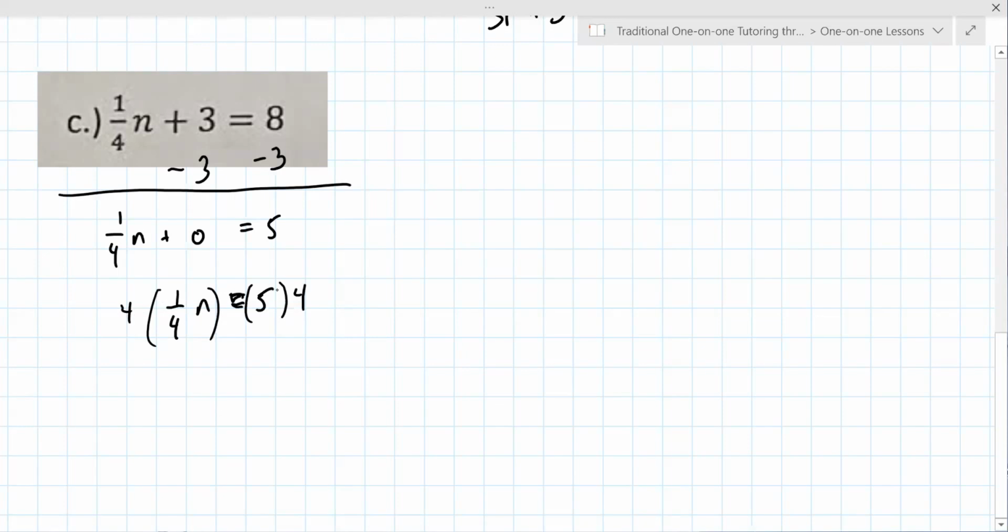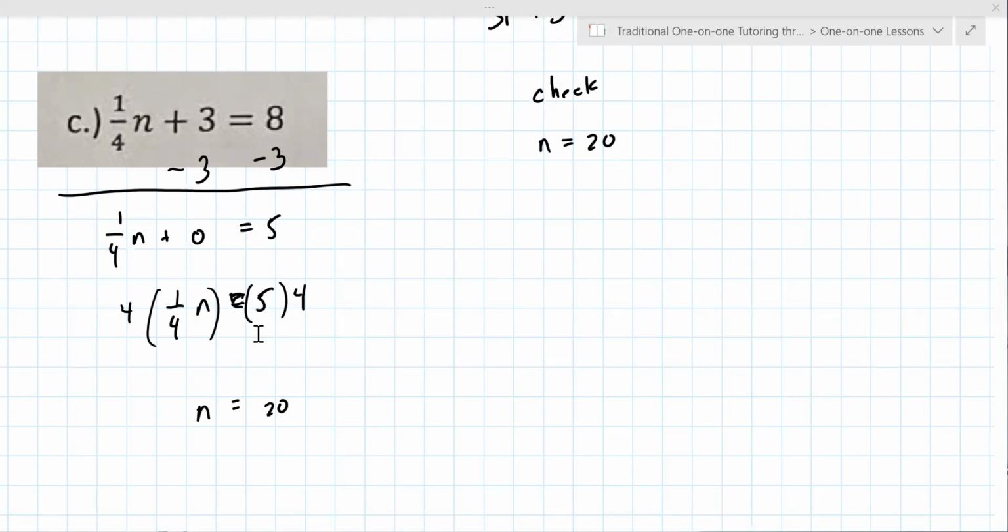Okay, and then we're going to have to do a few examples of these separately. So n equals 20. So your check, you start with n equals 20. Then you do the adding 3. Well, start with this one right here. See how we multiply by 4?